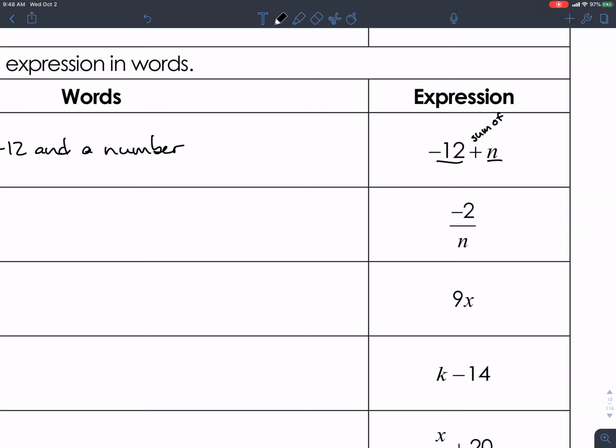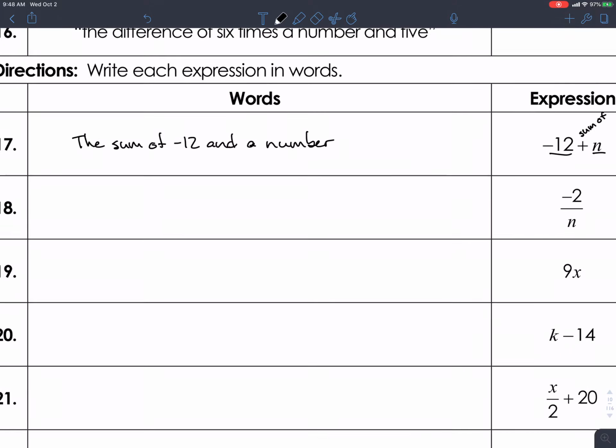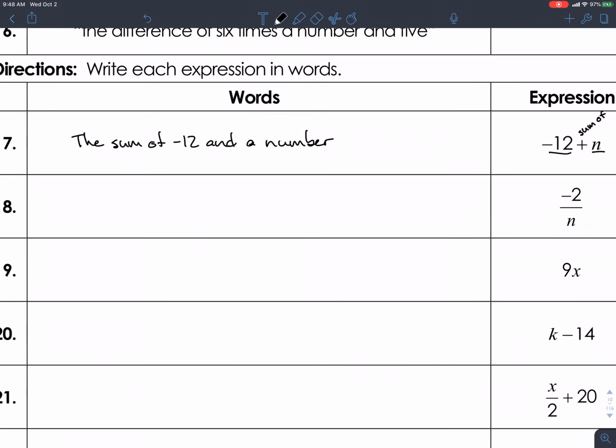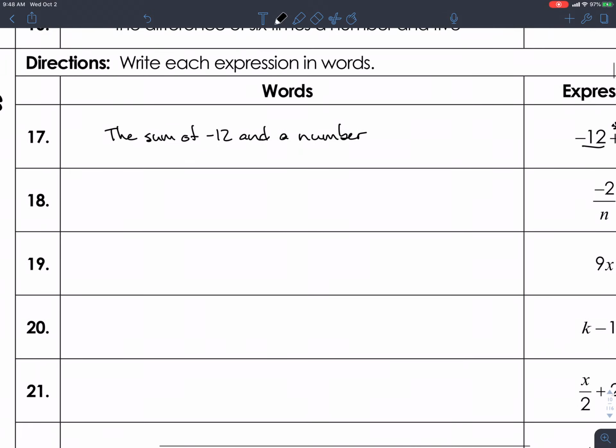Well, this next one, that looks pretty simple. Let's use the big words. You can write two different things. I'm going to give you two ideas here. The simplest way would be, because we know this is division, right? Negative 2 divided by n. Let's write that.